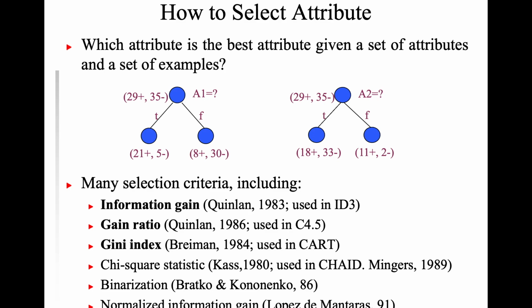There are many selection criteria. One of them is information gain, the other is gain ratio, Gini index, chi-square, and several other methods. What we'll discuss in this class are the first three. These are the techniques that are used to select the best feature, or your root node and the subsequent nodes.